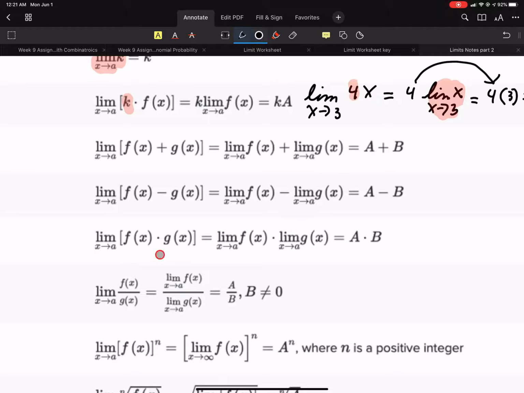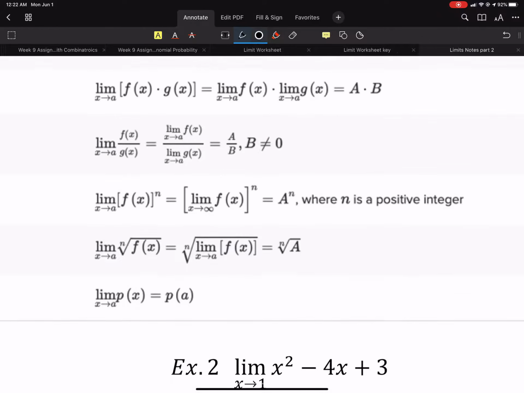And similarly with division, you take the limit of the numerator, you take the limit of the denominator, and the limit is the limit of the top divided by the limit of the bottom, as long as the bottom's not 0, because if the bottom's 0, that's undefined, and there is no limit. Or the top could be 0 too, and that's going to be indeterminate, but we'll talk about that later.